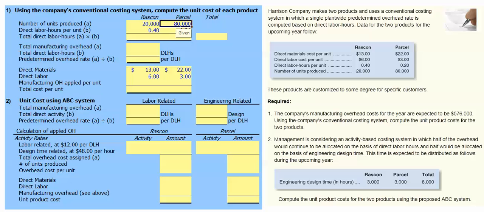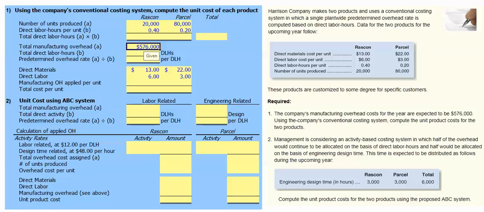Our first requirement is to calculate the total unit cost for both the Parcel and the Rascon. We're told that the company's expected manufacturing overhead cost for the coming year is $576,000. We'll use this and our estimated total direct labor hours to calculate a predetermined overhead rate, so we can calculate the manufacturing overhead applied to each unit.